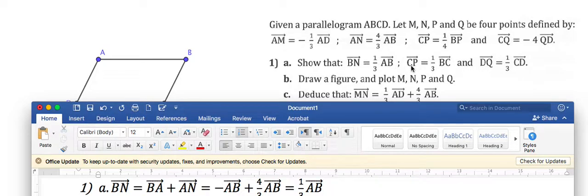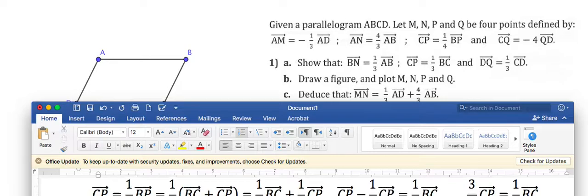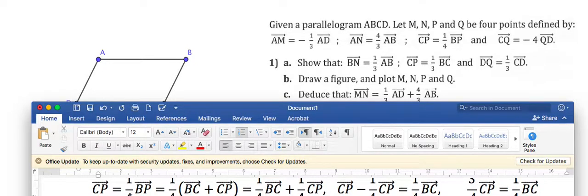Similarly, vector CP can be proved that it's equal to a third BC. How? By using the converse of Chasles's rule, we may decompose vector BP. Vector CP equal 1 over 4 BP. We may decompose vector BP by using letter C, using converse of Chasles's. Vector BP equal BC plus CP.